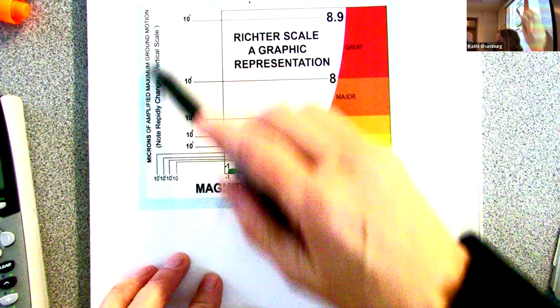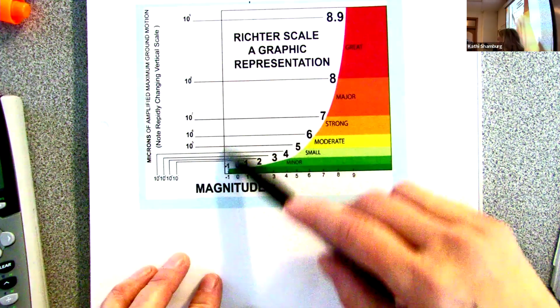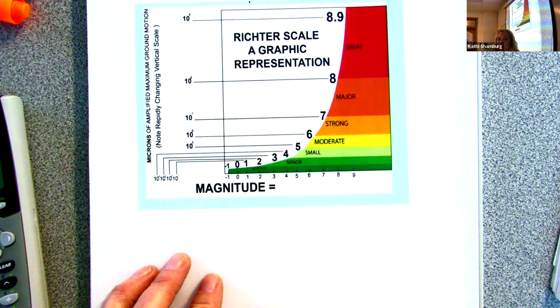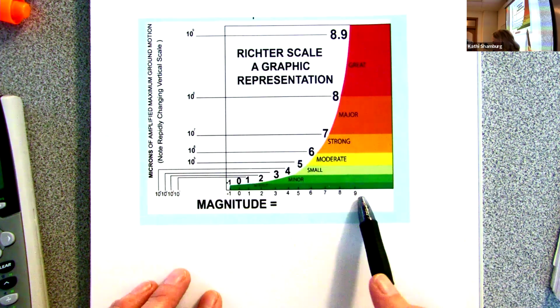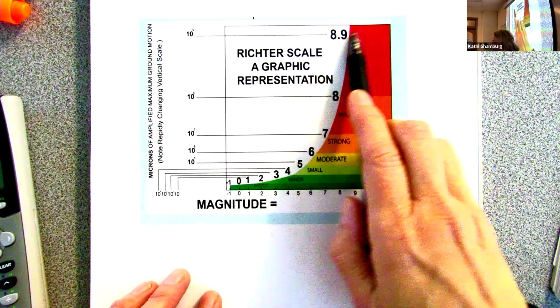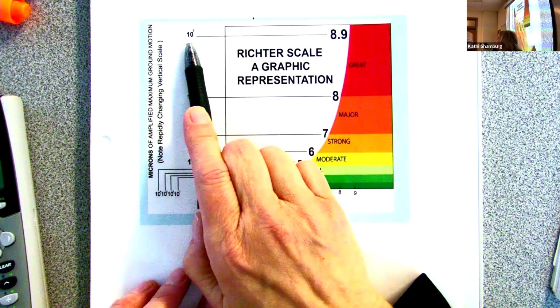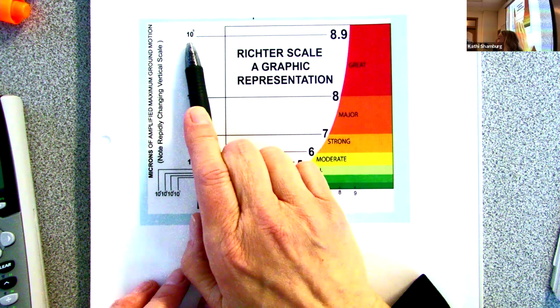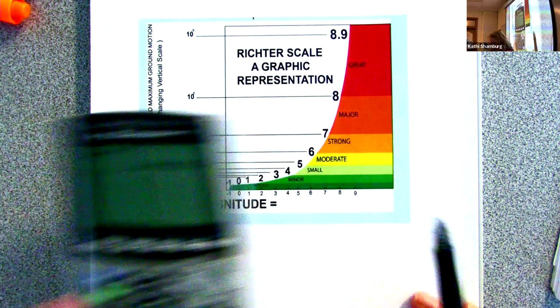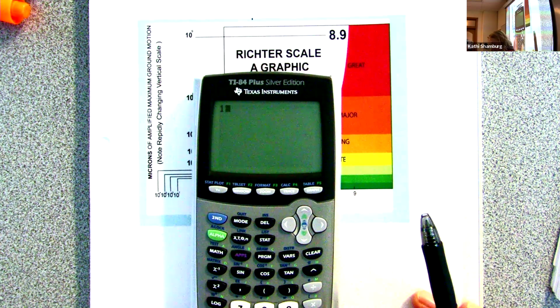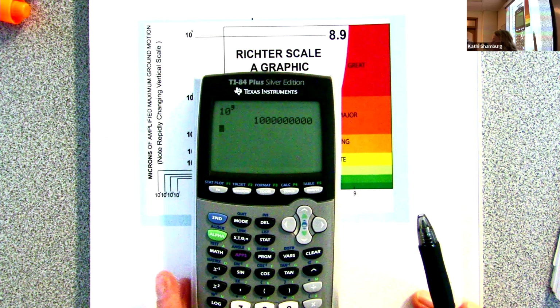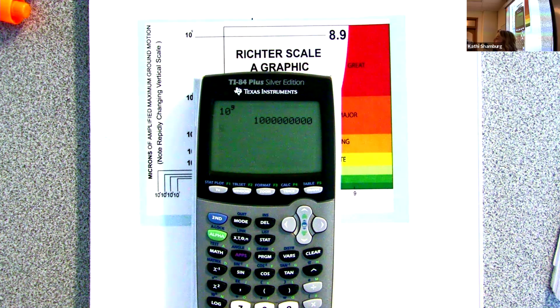If you look at this vertical axis here, it tells us what it represents. If we had one that measured a 9, then the strength of that earthquake is actually 10 raised to the 9th power. That is how strong the earthquake is.